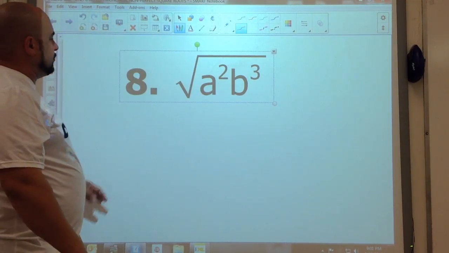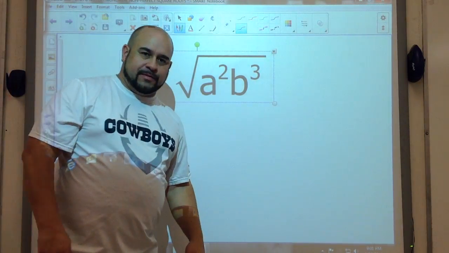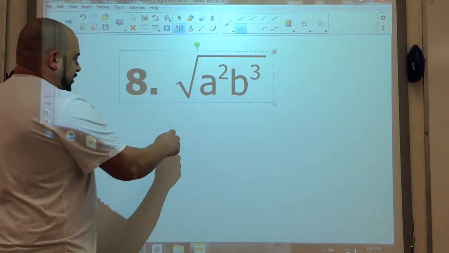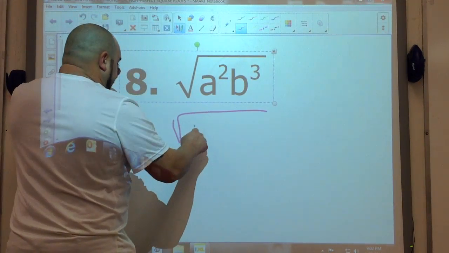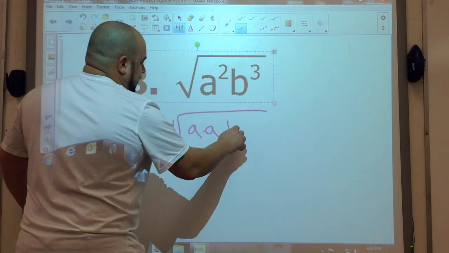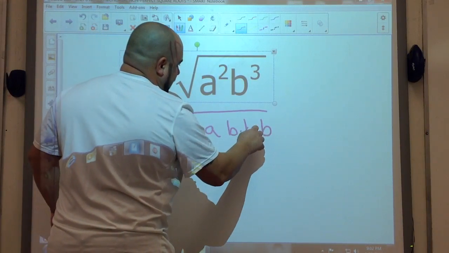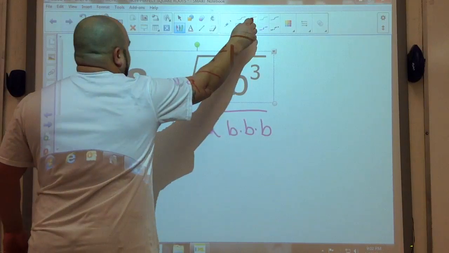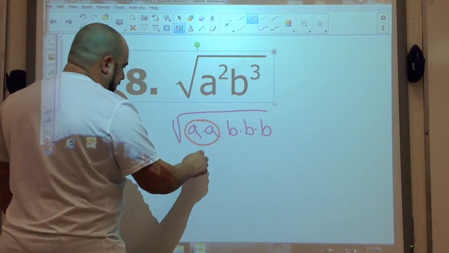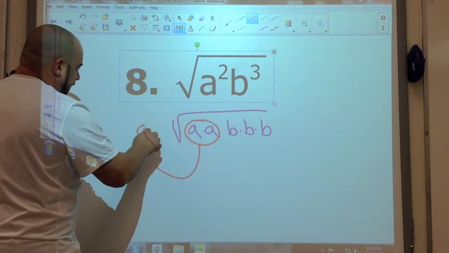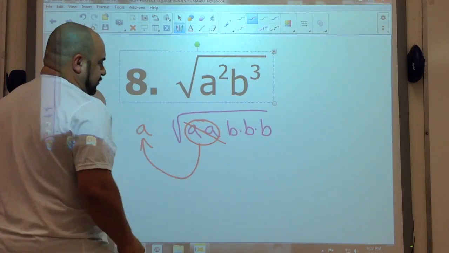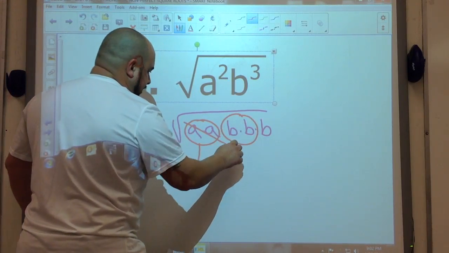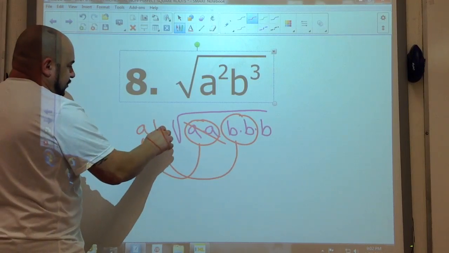Let's try another one. Now we have a squared b to the 3rd. So again, you can make this as a times b times b times b. So I have one set of a's that can be represented out here by a. So that's gone. I have one set of b's that can be represented out here with a b.